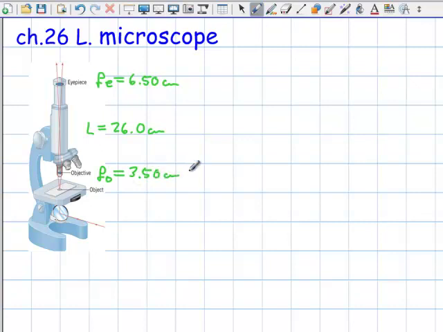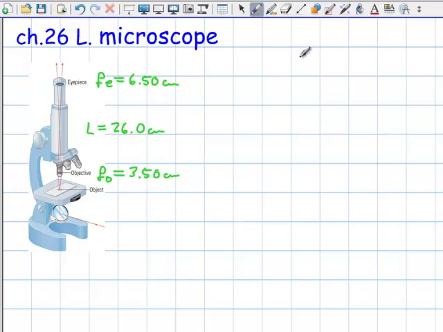What is the angle of magnification of the microscope if the person using it has a near point of 35.0 centimeters? I'm just going to look up what kind of symbol they use for the near point.